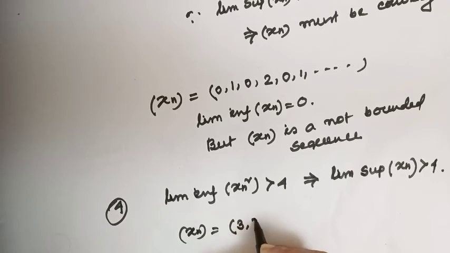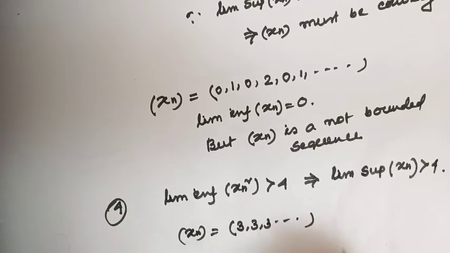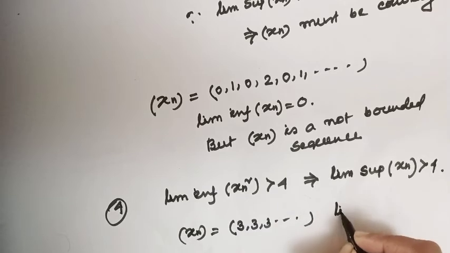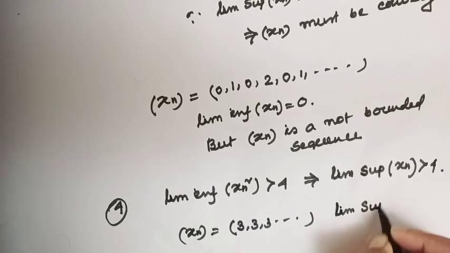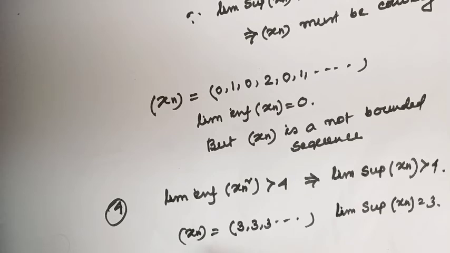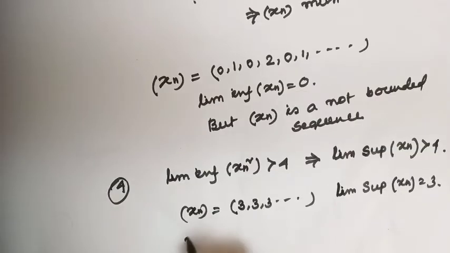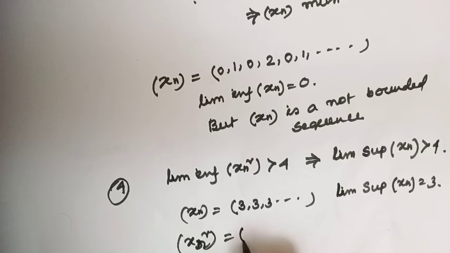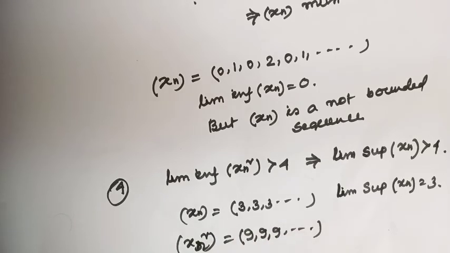Consider xn equal to 3, 3, 3, a constant sequence. What is limit superior? Limit superior of xn equal to 3. And xn square will be 9, 9, 9 and so on.